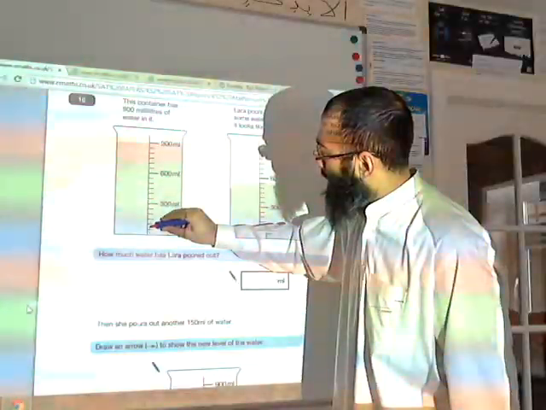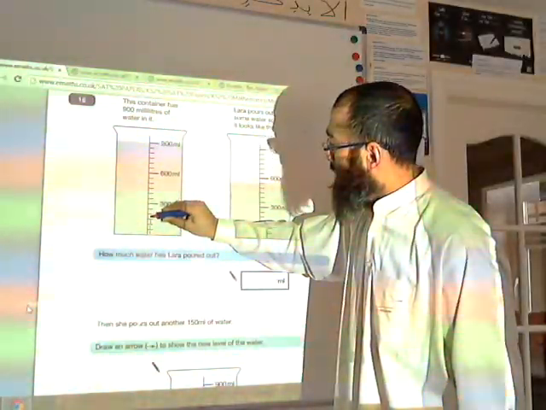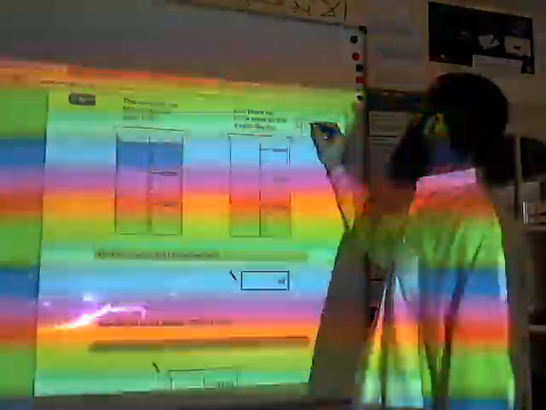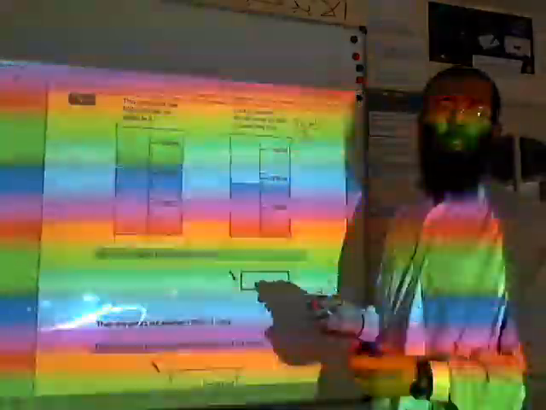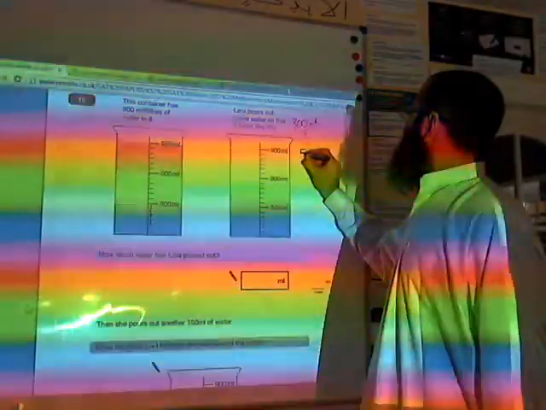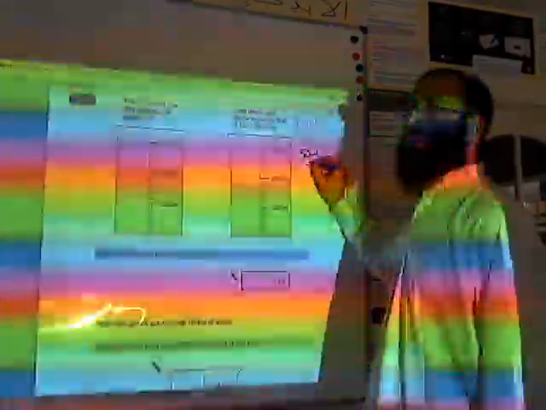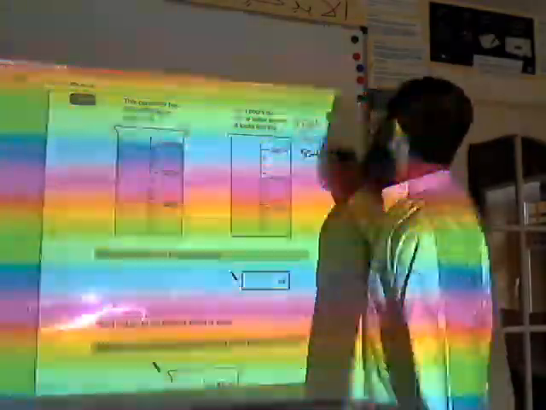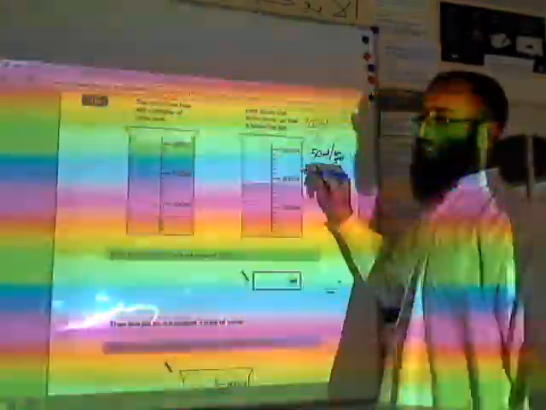We have 1, 2, 3, 4, 5, and 6. So we have 300 milliliters divided by 6. So 300 milliliters divided by 6 gives me, Khadija, 50. So 50 milliliters per gap. That's per line. That's our scale.